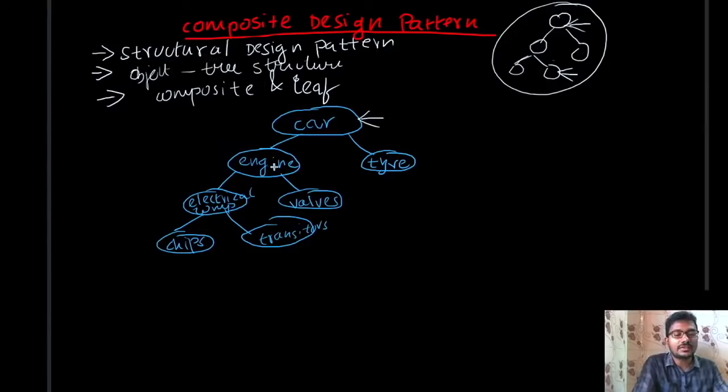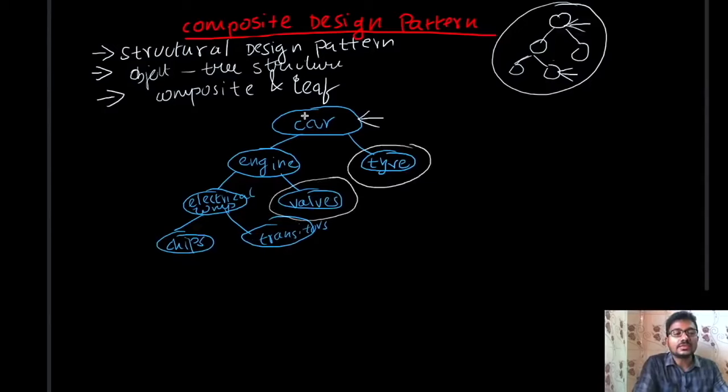Here car has engine and tire as child objects, and engine has electrical component and valves as child objects, whereas tire, valves, transistors, chips do not have any child object.